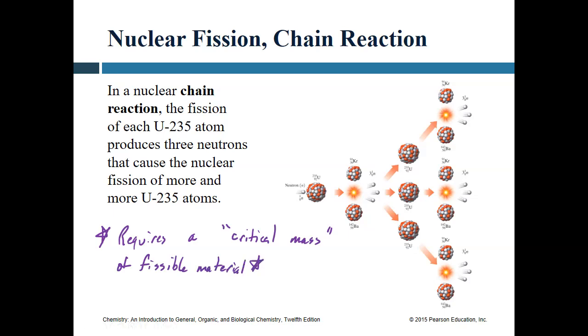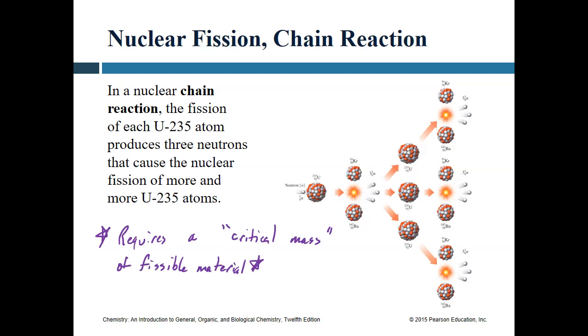Now, 2 terms embedded in that. Fissile material, that's just the uranium. That's the stuff that can break apart. Critical mass, that's the minimum amount of that fissile material that is necessary to cause a chain reaction.